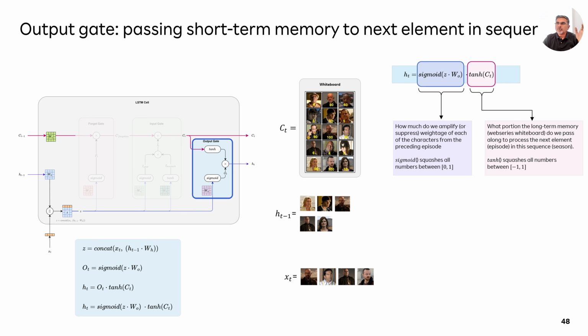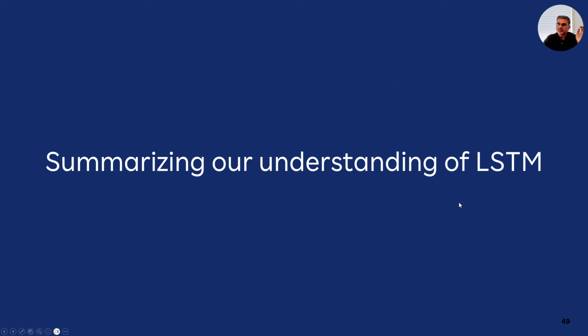So we also want to take that signal strength for each of these characters and multiply that with the short-term memory. That's why you use tanh. Again, tanh ensures that the value is bounded between -1 and +1. That is the reason why tanh is used on the long-term memory. And you take the multiplication of both of those things.